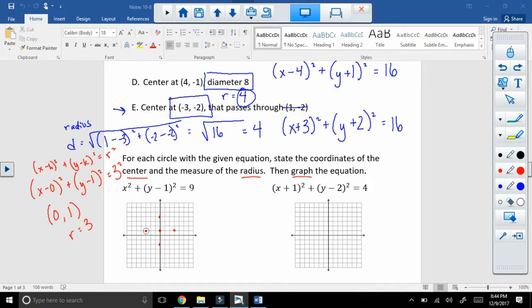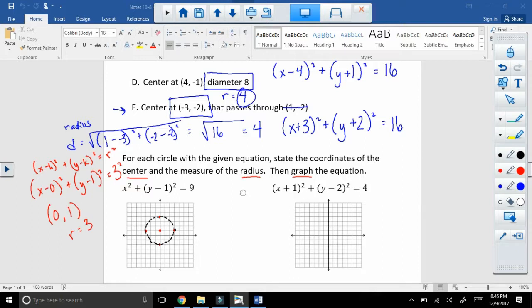I tried using the circle tool and it wouldn't let me start at the center, so I'm going to do my best to sketch this in. And if you don't have a compass handy, you can always sketch it in also. This would be your circle through those points and with the center at 0, 1.